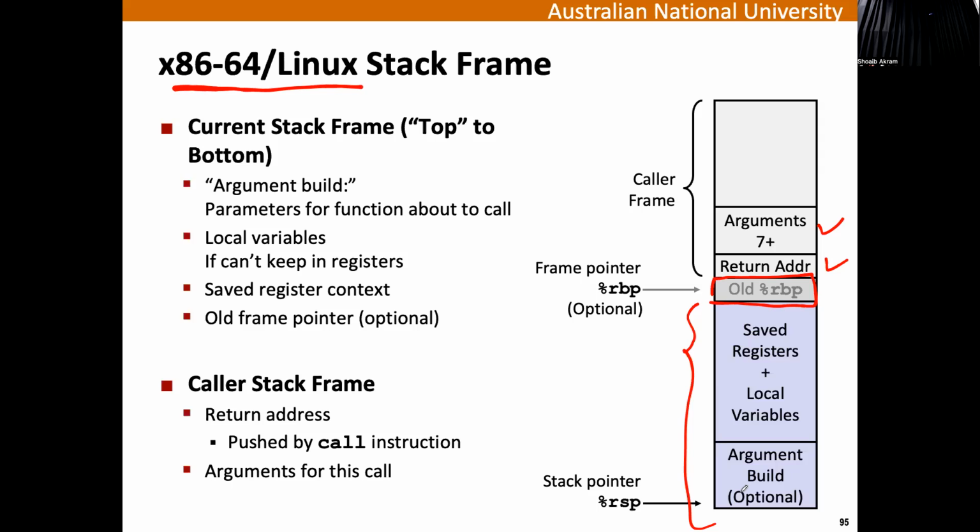So we don't consider all the extra arguments that the caller pushes on the stack as the callee's stack frame. This is still the work that the caller did. Although it is to facilitate the callee's execution, we still call it part of the caller's stack frame.